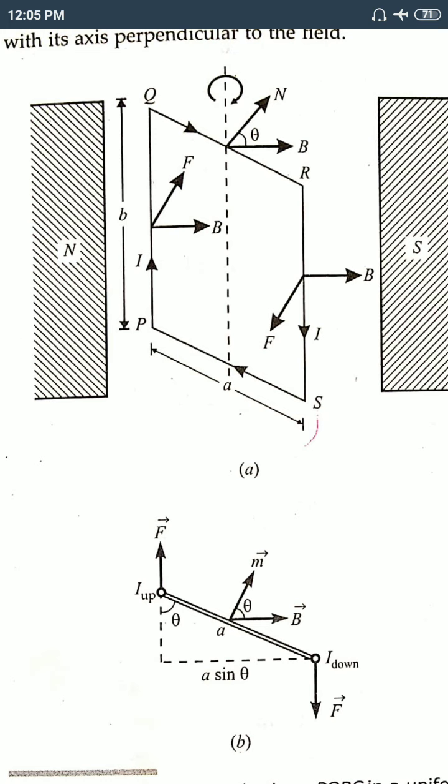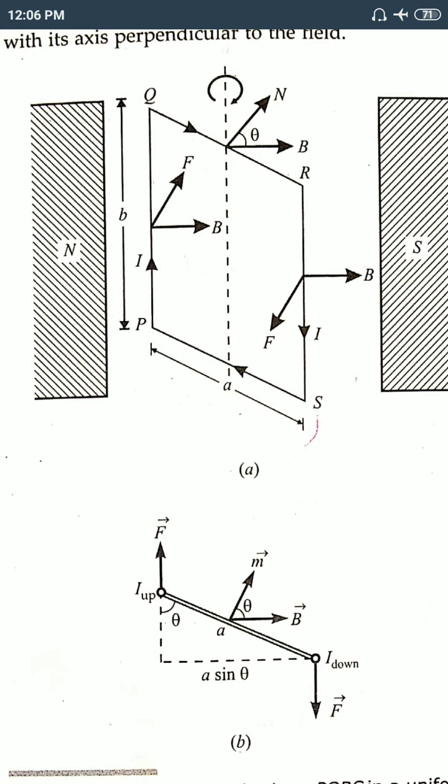And theta is the angle between the magnetic field and the normal to the plane of the coil. Theta is the angle between the direction of B and the normal, represented by N, to the plane of the coil.